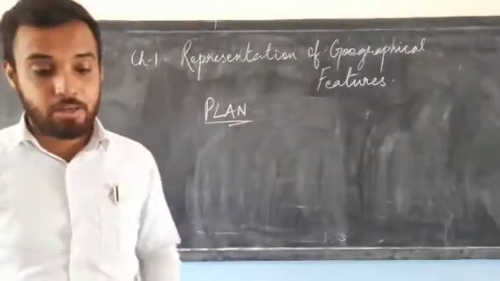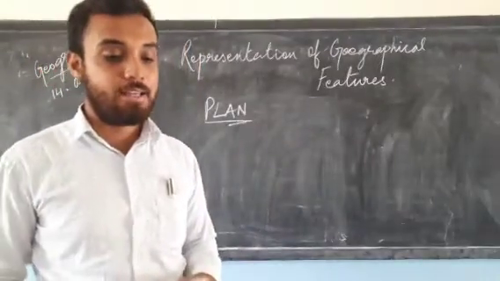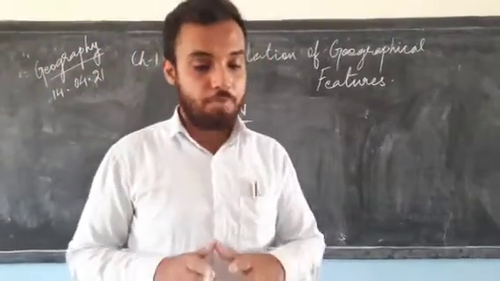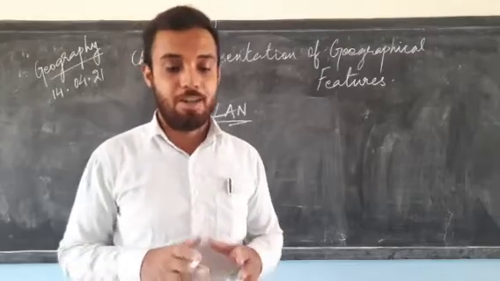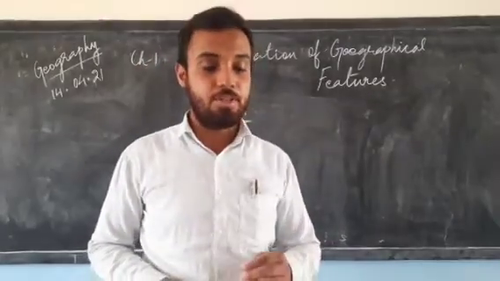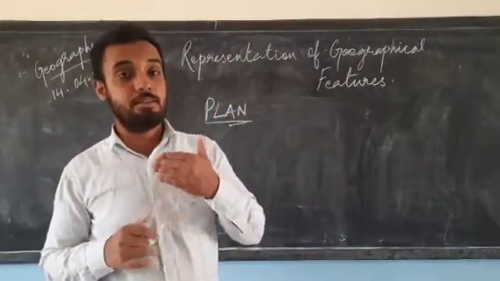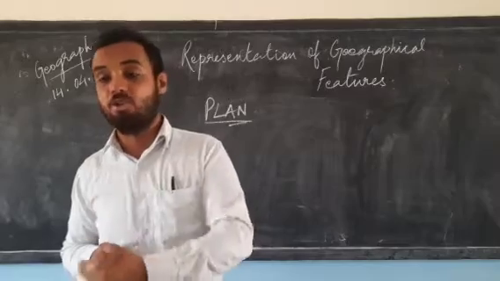Now if we go by the definition given to us by the book, the definition is: a plan is a detailed drawing of a small area drawn on a large scale based on actual measurements taken on the ground. Now plan is actually based on measurements.